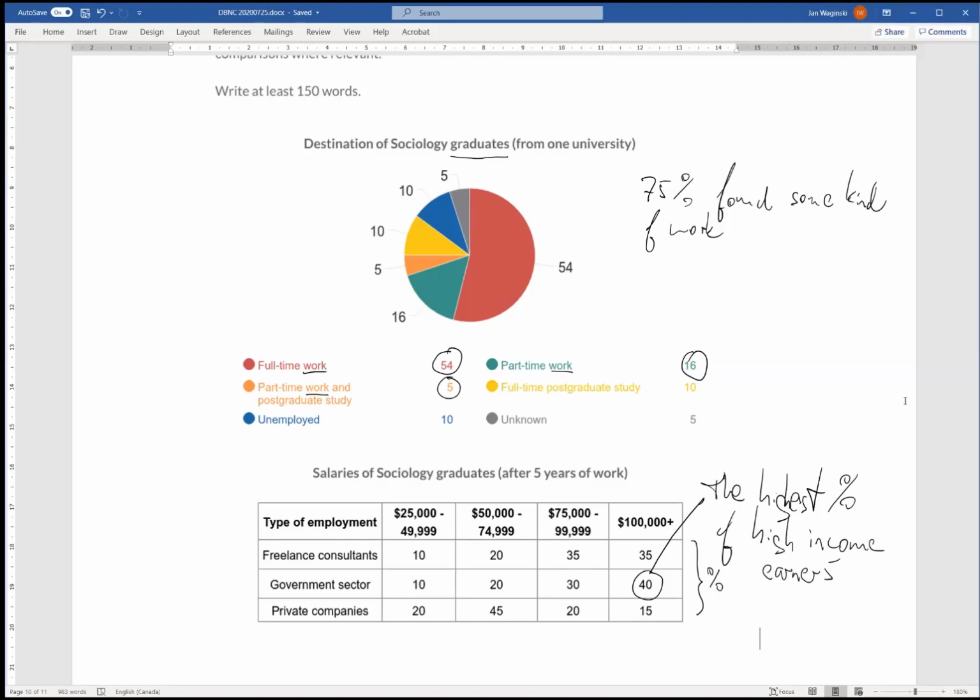Generally speaking, there were the highest number of high income earners in the government sector, followed closely by freelance consultants, right? And those who worked in private companies earned the least. By far.